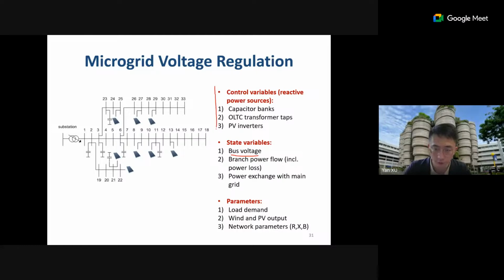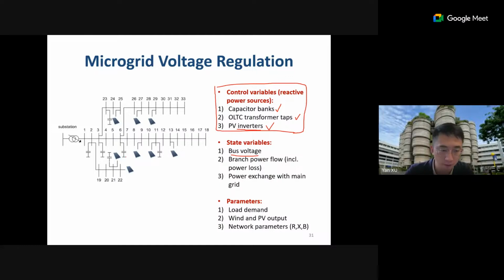What we can do is to control the reactive power sources, including the capacitor banks, the transformer tap changers, as well as the inverters of the solar PV system. I have introduced this a lot of times because inverters are power electronic devices. They can absorb and produce reactive power. So if they are dispatchable, we can certainly support the network's voltage regulation.